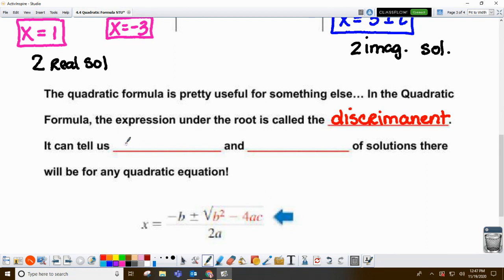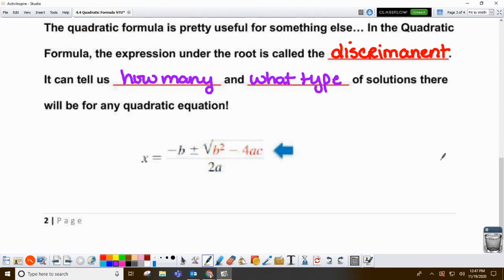It tells us how many and what type of solutions there will be for any quadratic. Again, this is the expression that is under the root. This guy right here, the b squared minus 4ac. Not the root itself, only what's under the root. This is the discriminant.